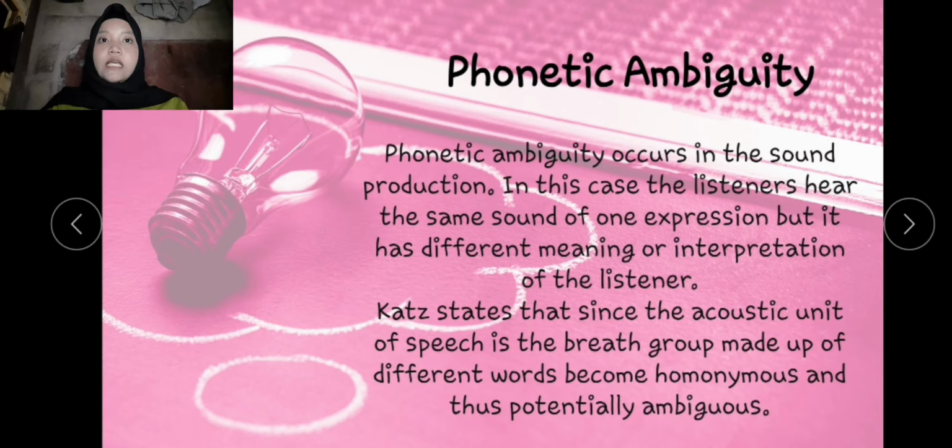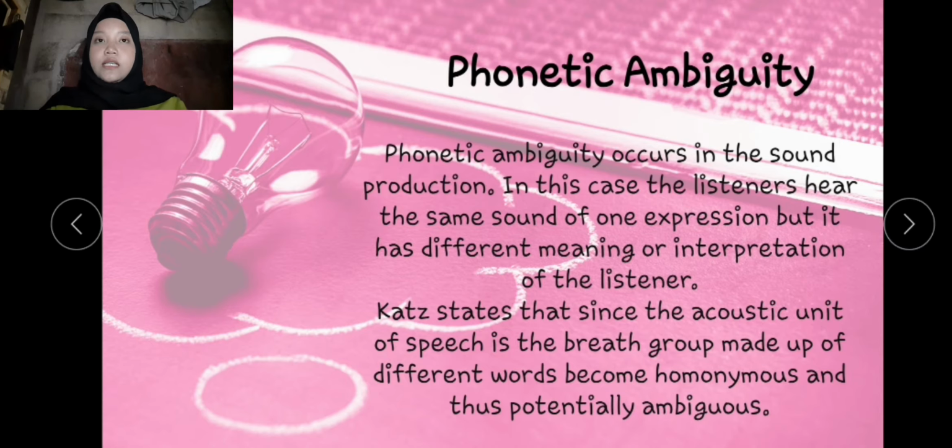Phonetic ambiguity occurs in the sound production. In this case, the listeners hear the same sound of expression, but it has different meaning or interpretation for the listeners. Katz states that since the acoustic unit of speech is the breath group, different words become homonymous and thus potentially ambiguous.